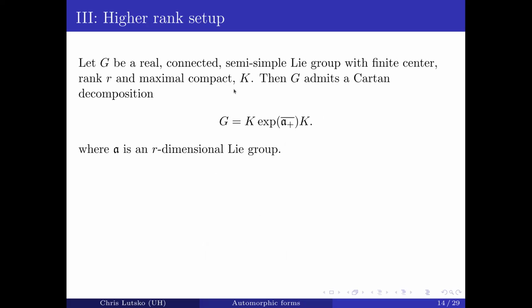We define the maximal compact as K, in which case G admits a Cartan decomposition. The example you should think of for G is SL_n(R), or 2 copies of SL_2(R), if you want to be even more simple.